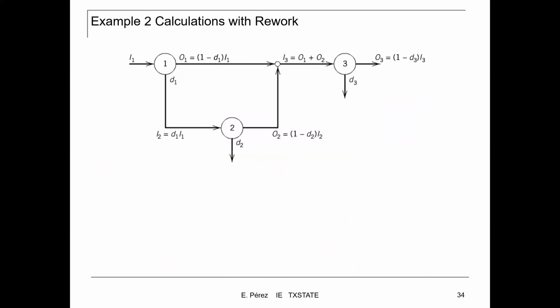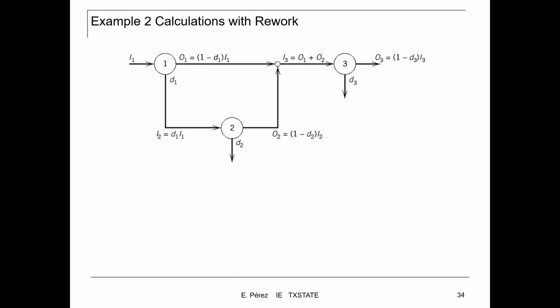So this next example is going to follow the same ideas, but the main difference between this one and the previous example is now we have rework. And what that means is we are not discarding all the units that are defects.